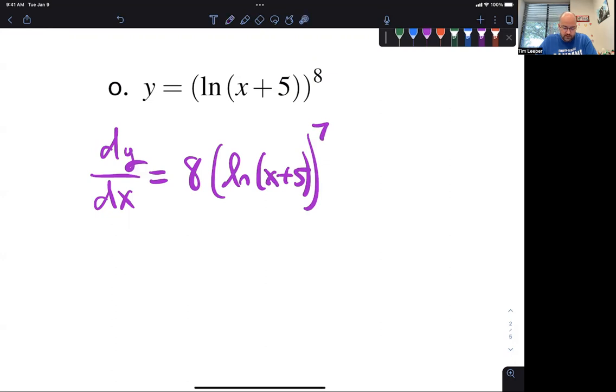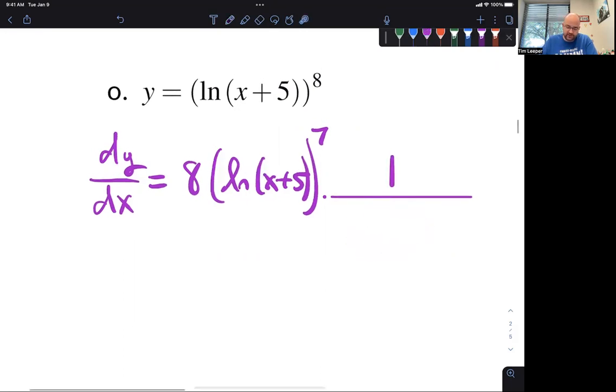Good. But then I take the derivative of the base here. And so since it's a logarithm, it's going to give me a quotient. The numerator is the derivative of the argument of the logarithm. So the derivative of x plus 5 is 1, because that's the number in front of x there. And then in the denominator, just rewrite the x plus 5. And again, because it's a natural log, I don't need a natural log in my answer.